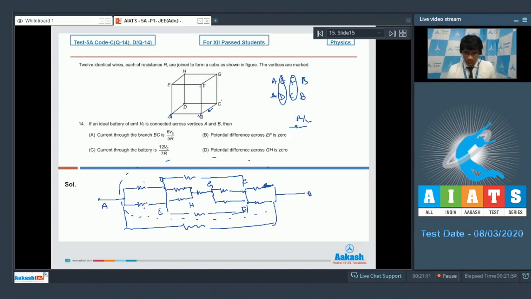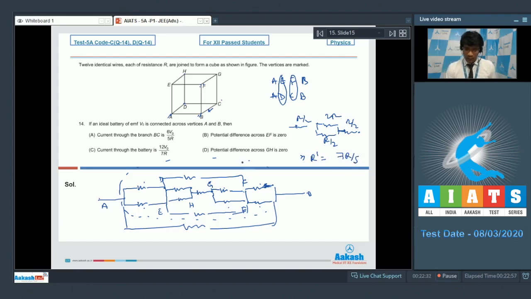This is R by 2, R by 2, R, and here it is R, so it is 2R. This is R and R, so it will be R by 2. So the effective resistance of this portion is R1, which I'm writing as 7R by 5.